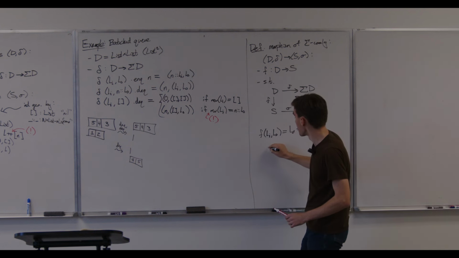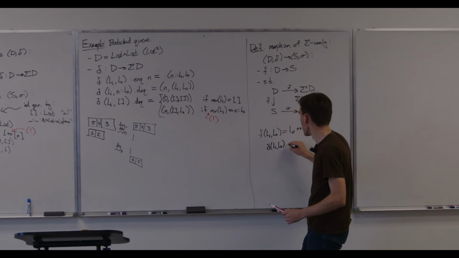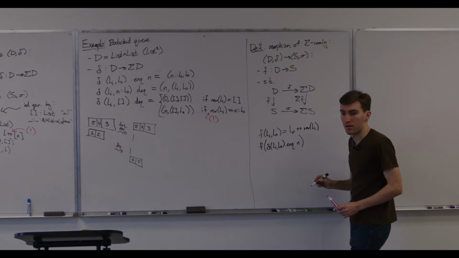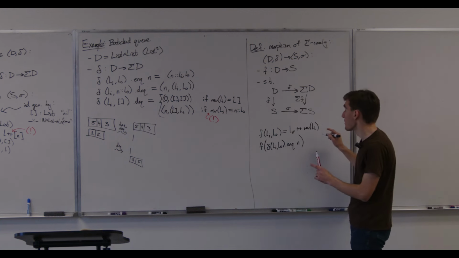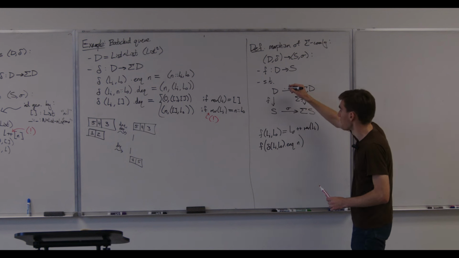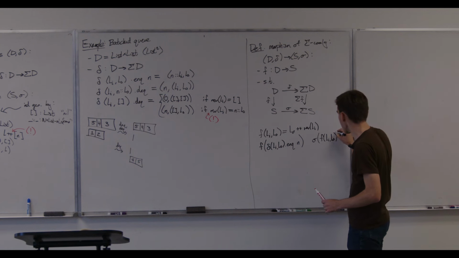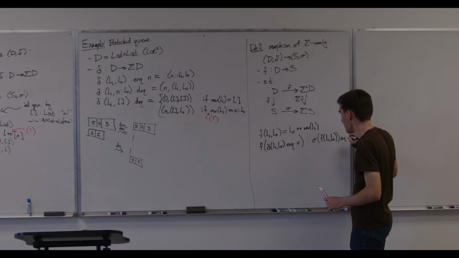Going along the top is taking delta of Li, Lo. For the NQ case, we'll do an NQ of N, and afterwards we'll use F. The alternative would be to use F first, so we take F of Li, Lo, and then do sigma's NQ of N.